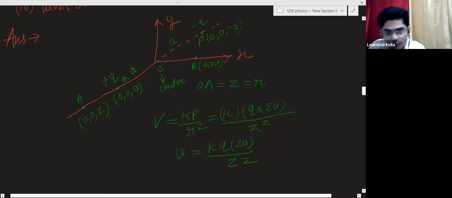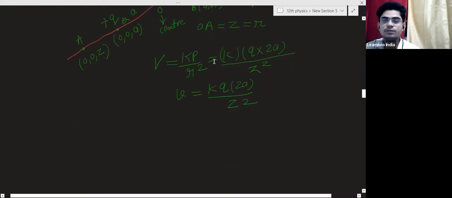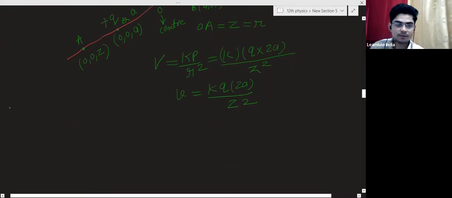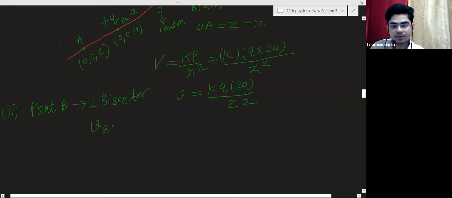This axis and this axis are perpendicular, which means the point B lies on the equatorial position, on the perpendicular bisector. So what will be the potential at point B? It will be equal to 0.